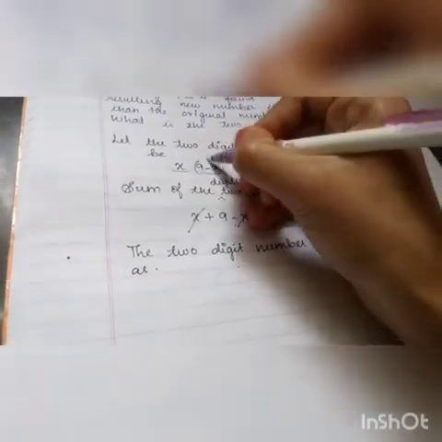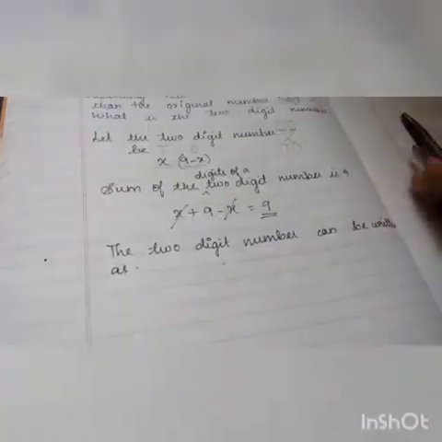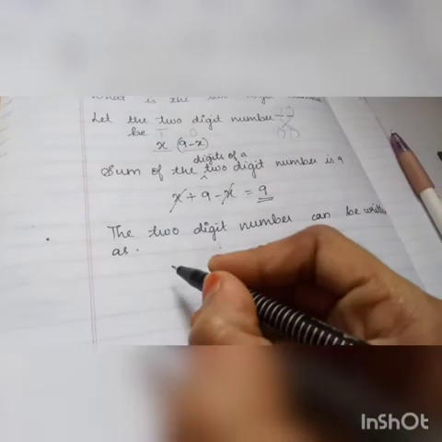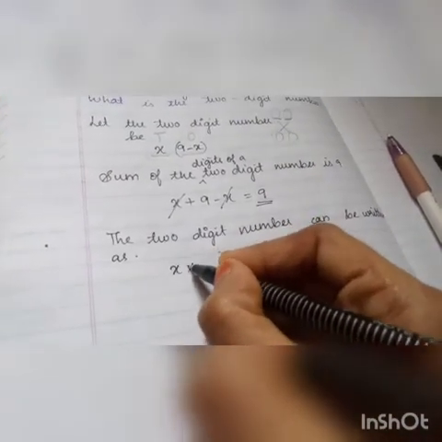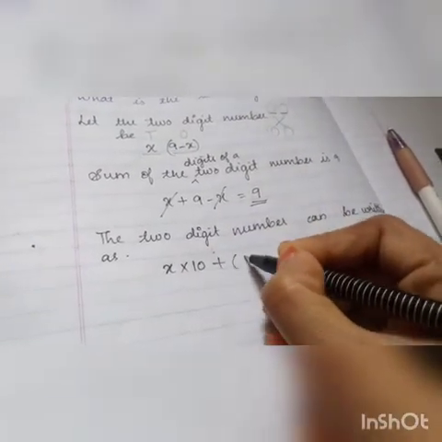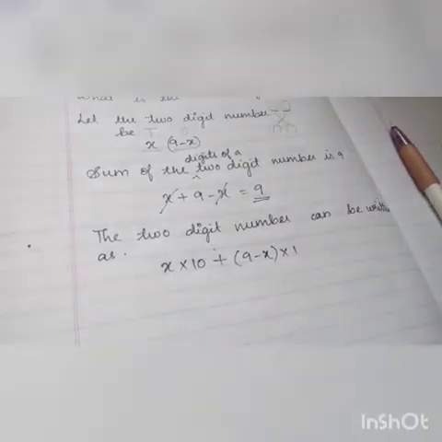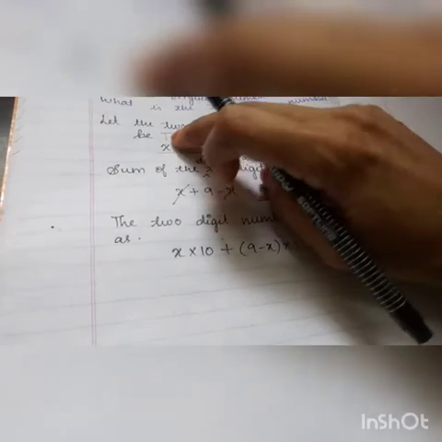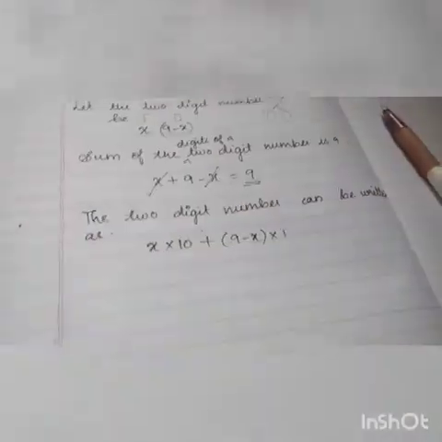Actually this is the 1's place and this is the 10's place. So how will you write it in expansion? x into 10 plus 9 minus x into 1. This is your 2-digit number.